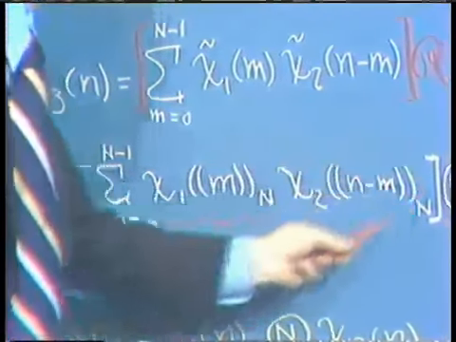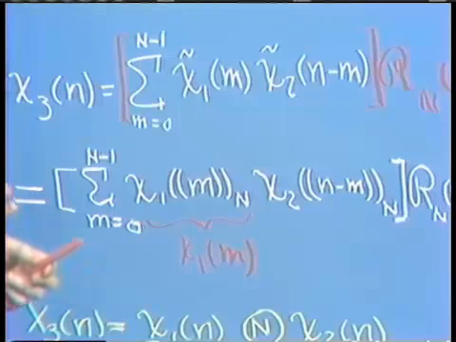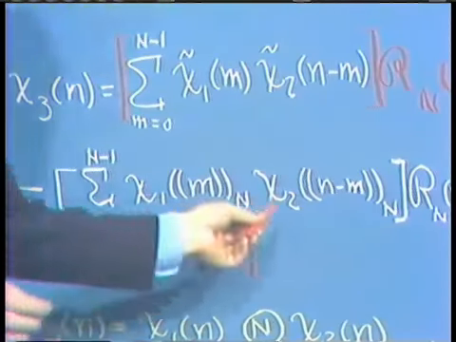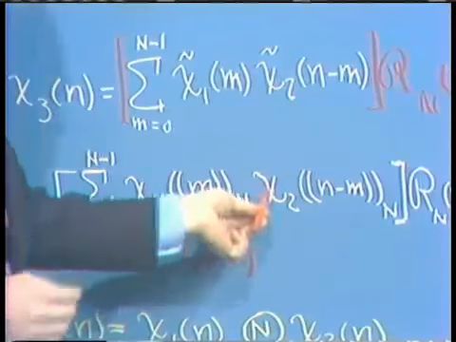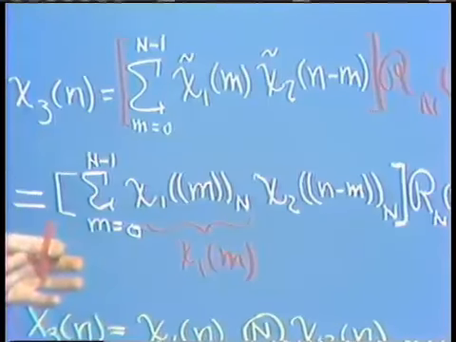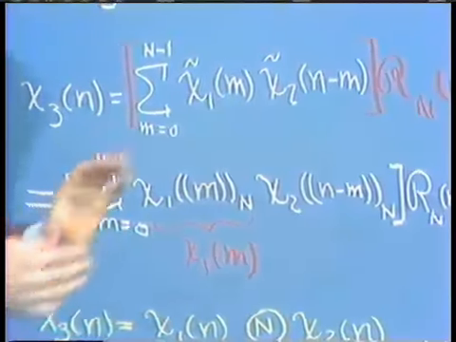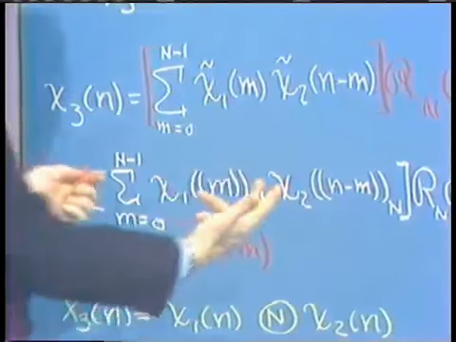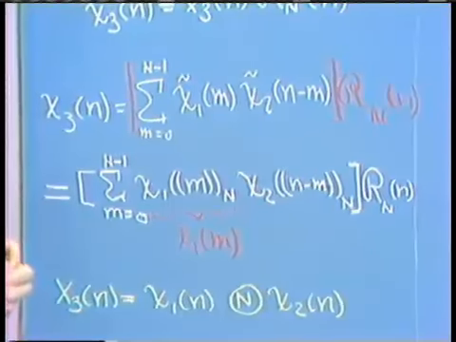And what is this? Well, think back to the kind of circular shifting that we were talking about doing with finite length sequences. What this basically corresponds to doing is applying not a linear shift to x2 of n, but a circular shift, flipping x2 and applying a circular shift to x2 of n. And then, of course, this is just in here to allow us to extract a single period.